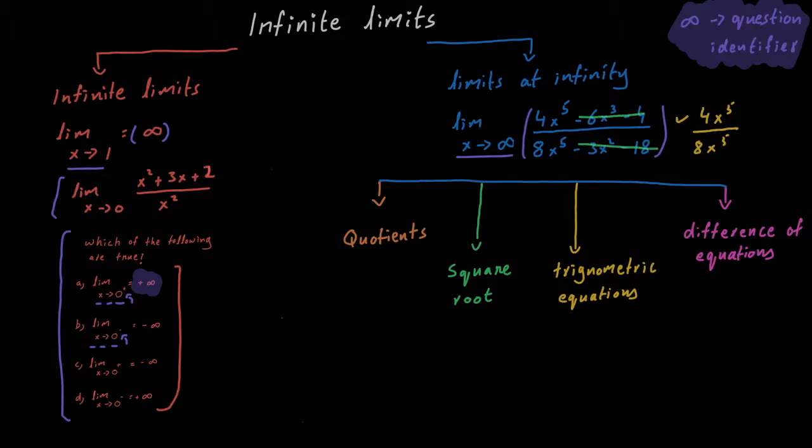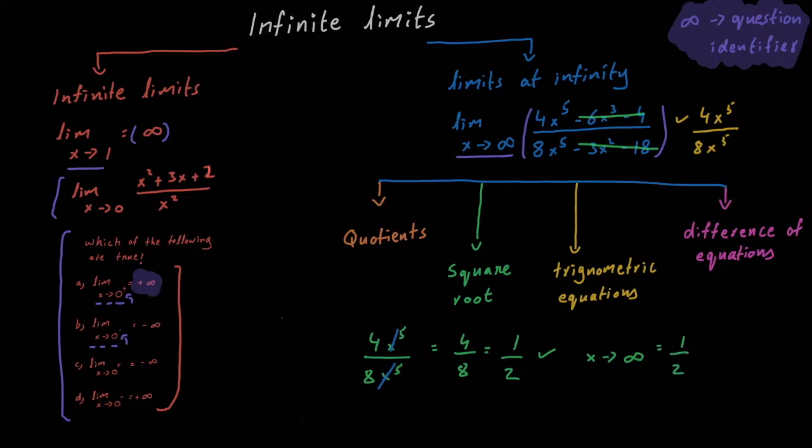Then we try to simplify these high powers. So we have 4x to the power 5 over 8x to the power 5. Now here we can simply cancel off x to the power 5 and x to the power 5, and we will get 4 divided by 8, which is simply 1 divided by 2. So 1 divided by 2 is your answer. So we'll say that as x is approaching infinity, y is approaching 1 over 2.